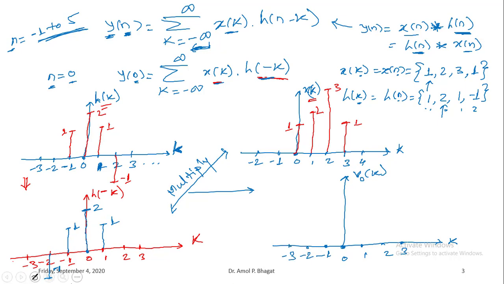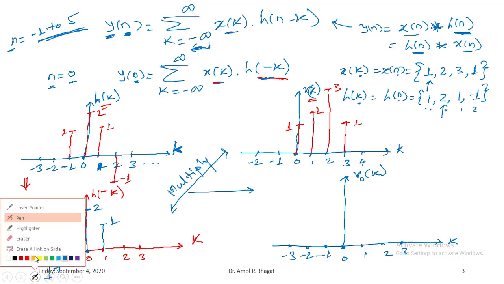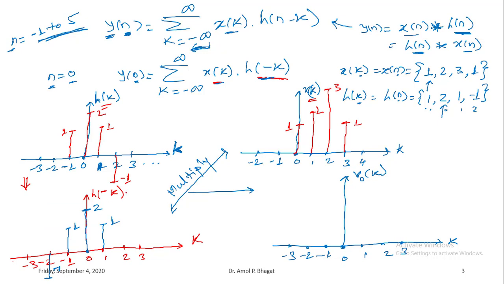I will multiply these two sequences, h of minus k and x of k, and plot the multiplication sequence, represented as v0 of k. At origin you will find in x of k it is 1, and in h of minus k it is 2, so 2 multiplied by 1 will be 2. So it will be 2 at origin, right?